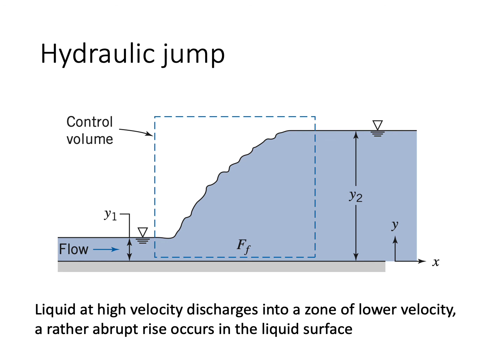There are no walls here. Remember, open channels have no top walls. There's a free surface indicated by that triangle floating on it. So it's funny to see the liquid surface rising abruptly when it gets to a slower region of the flow.